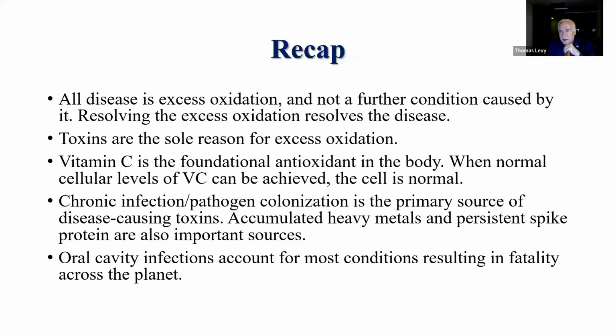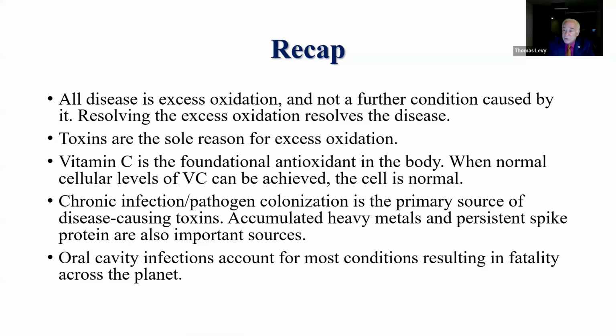So let me give you the recap. Number one, all disease is excess oxidation and not a further condition caused by it. Resolving the excess oxidation resolves the disease. Number two, toxins are the sole reason for excess oxidation. Number three, vitamin C is the foundational, critical, pivotal antioxidant in the body.